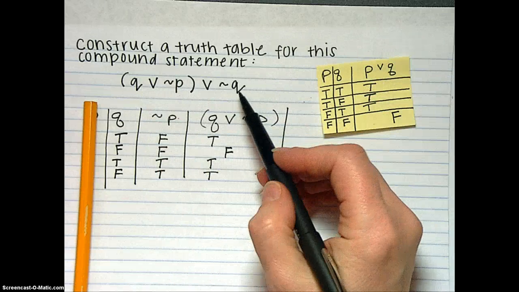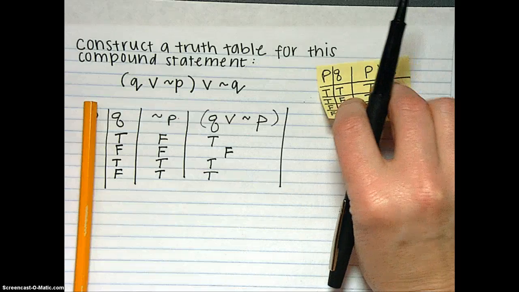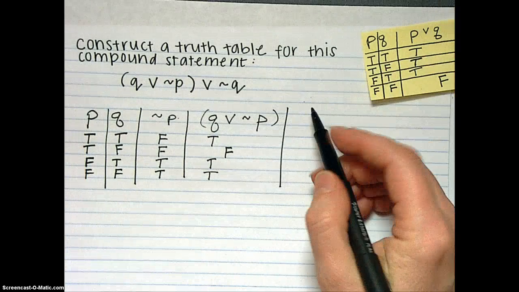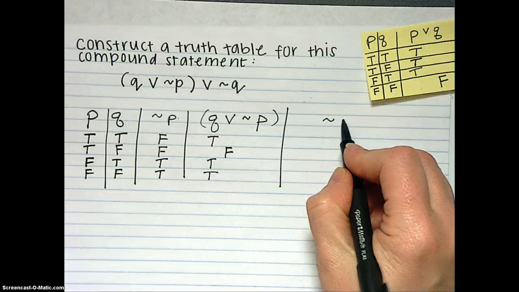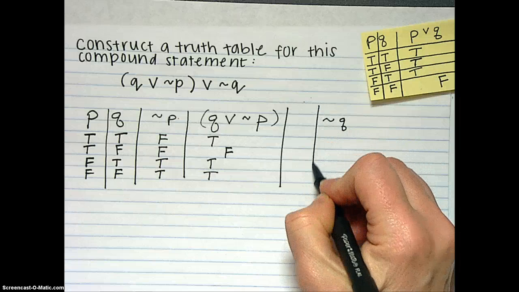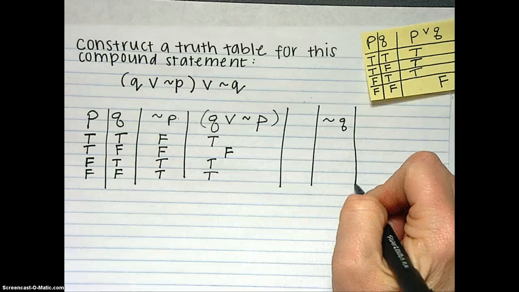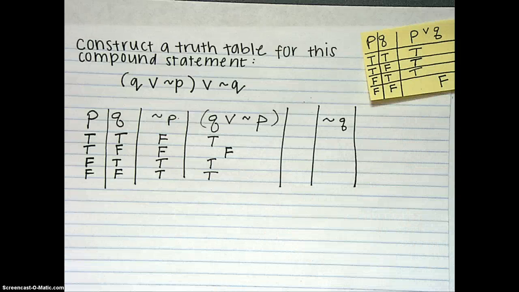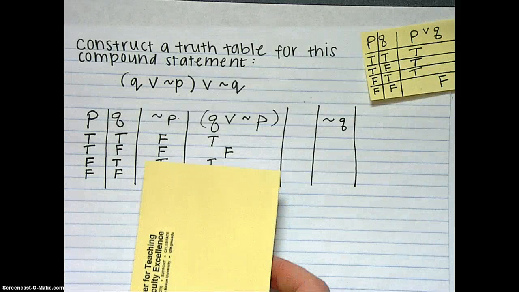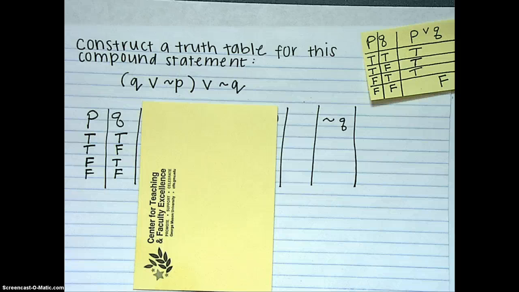Now we need to do this with a not Q. So there's a couple different ways to do this. We can then put our not Q right here, and I'm leaving a little bit of space on purpose. So our not Q goes here, and on this one I need to cover up all sorts of stuff because there's just way too much stuff staring at me for me to be able to deal with this. So not Q, I'm covering up all that junk.